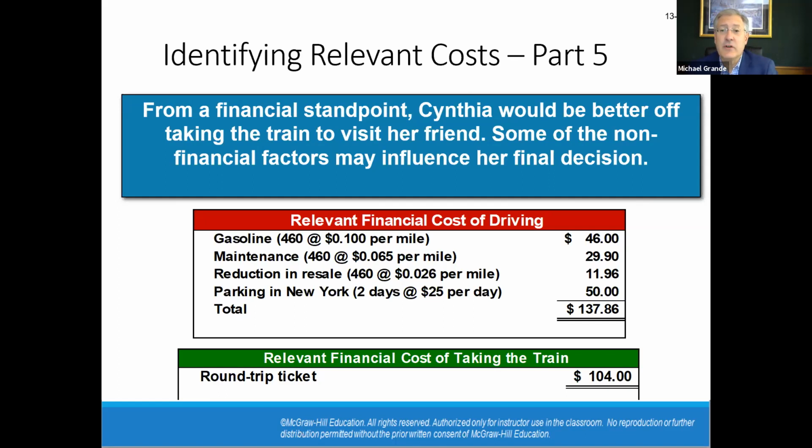Maintenance, because you're obviously going to have to maintain that at a certain point in time. Reduction in resale. Again, the more you use the vehicle, the more it wears down. And parking in New York is relevant. So the cost of driving is $137. The cost of the ticket is $104. Clearly it makes sense for her to take the train.